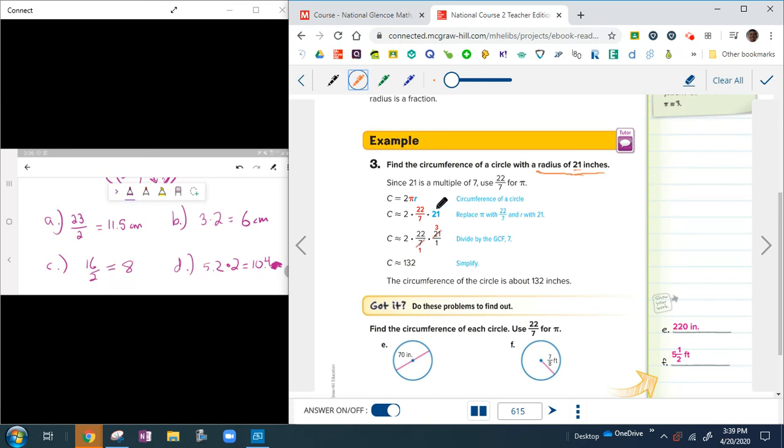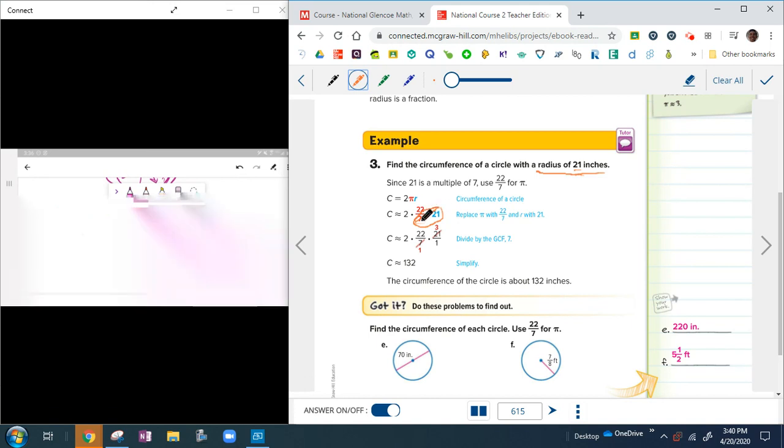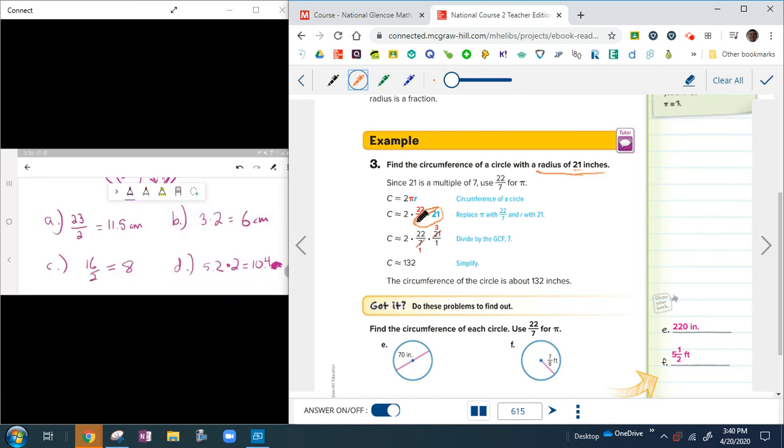The reason being, 7 and 21 cross cancel really nicely, but typically we're not going to get numbers that are divisible by 7. So if you do randomly have a number divisible by 7 as your radius or diameter, then that's a good time to use 22/7 as your approximation. But typically we just plug in 3.14 and multiply it all together. All right, so back to the problem. So we chose this formula.